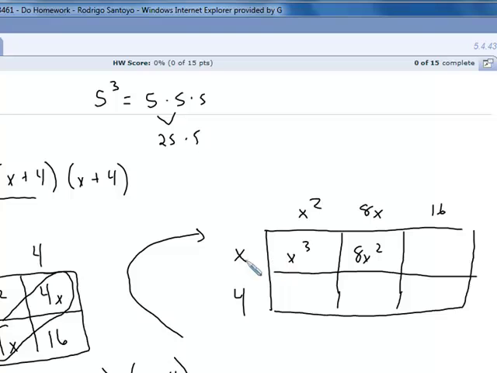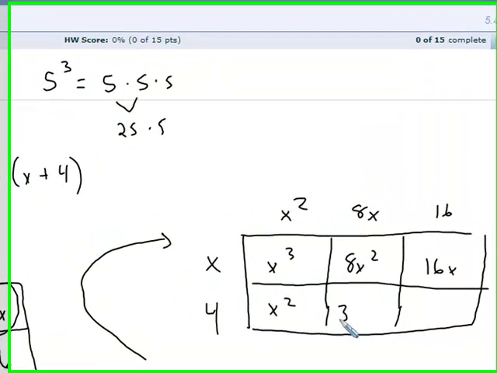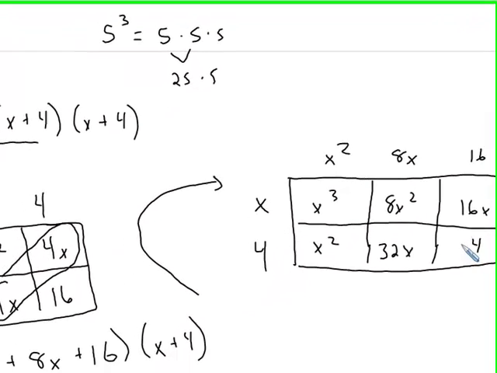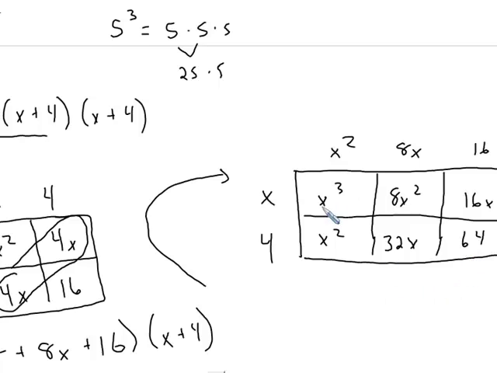And what hits this last one? x and 16. 16x. Now it hits this one. 4 and x squared. 4x squared. What hits this one? This 4 and that 8 gives me 32x. And what hits this last one? 16 and 4, which is 64.